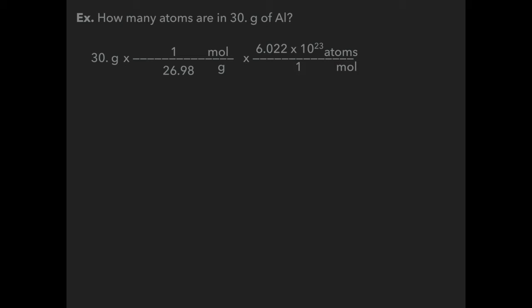And now the last step I have to do is actually figure out the math and figure out how many atoms there are. So I'm going to take 30, divide it by 26.98, and then multiply by Avogadro's number. And what I get, rounding to 2 significant figures, is 6.7 times 10 to the 23rd atoms.